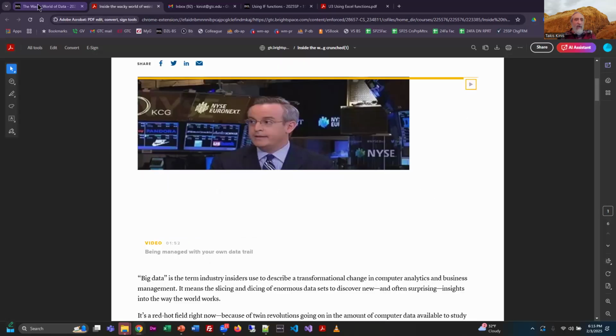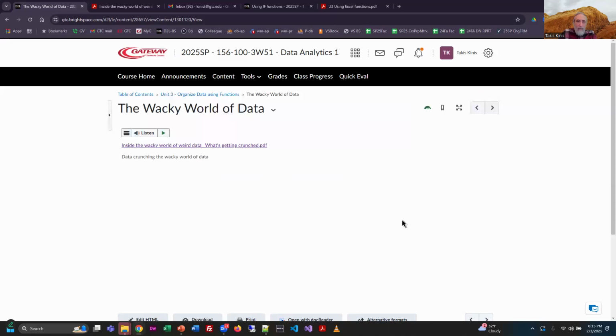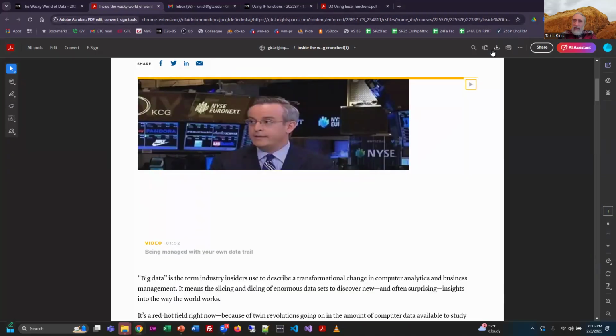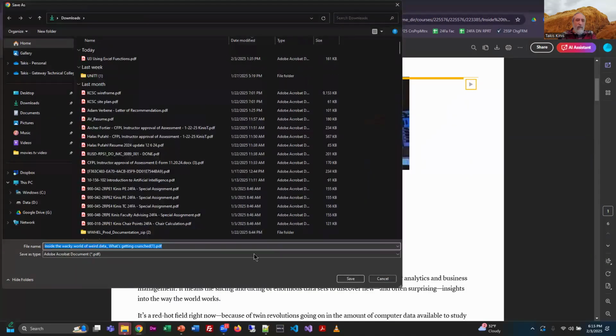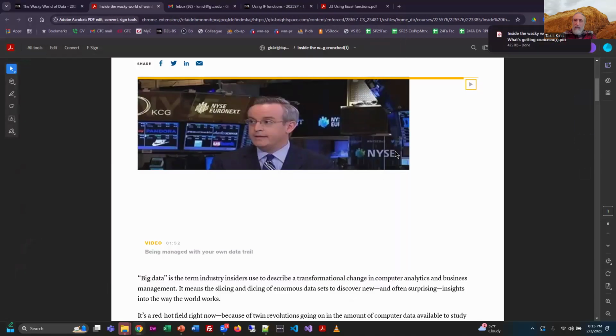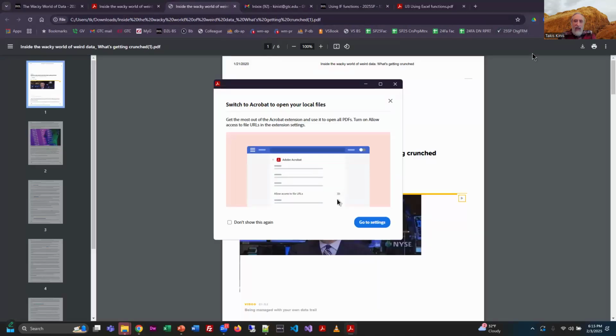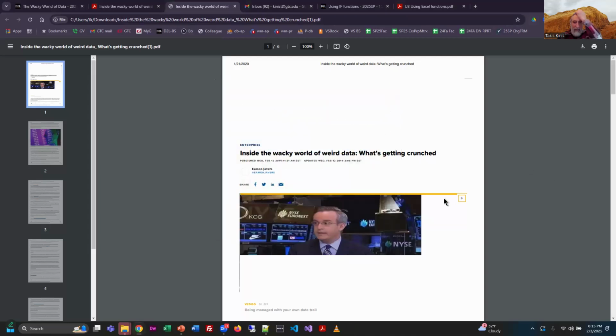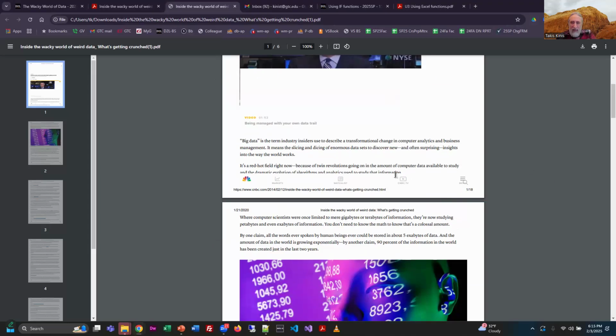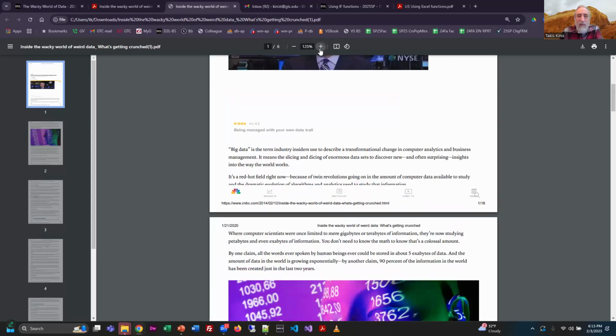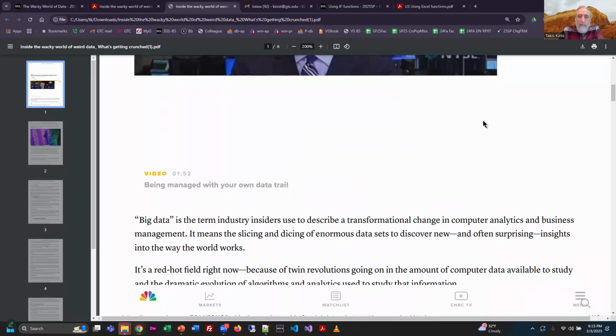Let me see if I can extract it from the link, or maybe I just download it and open it in Acrobat, where hopefully it'll come in a little cleaner. Still has a little problem there at the bottom, but we just have to deal with it at this point. All right.